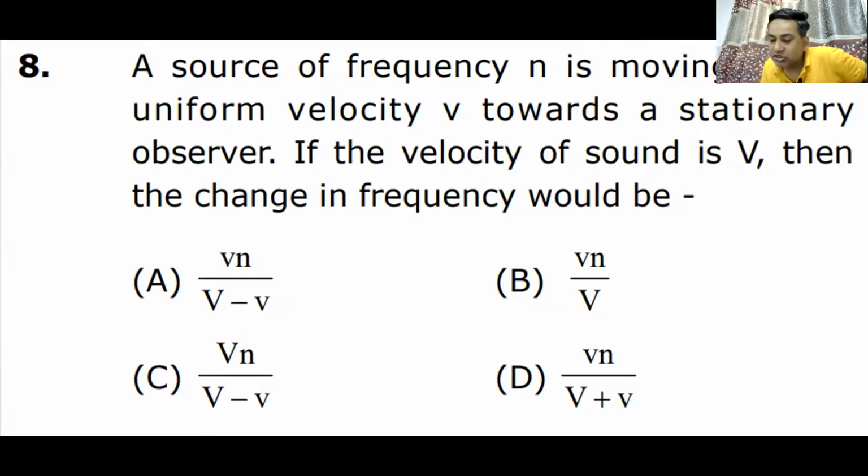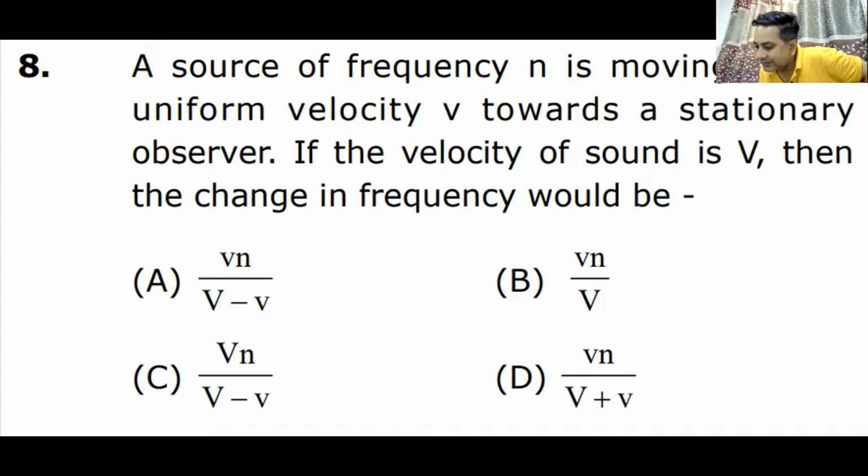What is your answer? And the answer is A. How do you get A? V minus v, a source of sound. The source is moving with a uniform velocity v towards a stationary observer.